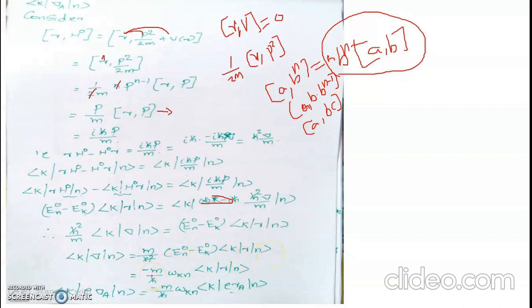That is, En0 minus Ek0 by h cross is omega nk. So if I take a minus sign outside, this can be omega kn. Energy of the final state Ek0 minus energy of the initial stationary state En0 divided by h cross is the frequency difference corresponding to these stationary states, omega kn. So this is minus m by h cross omega kn scalar product k r ket n.